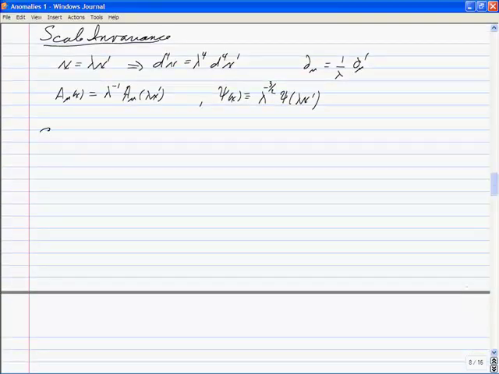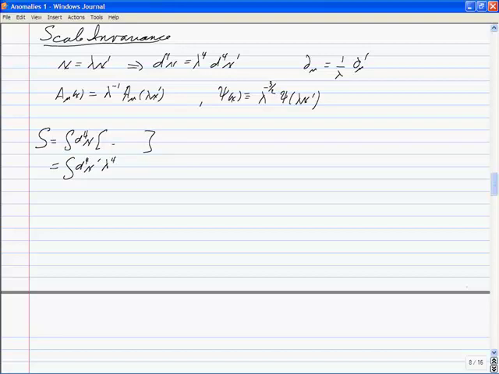Then the action, which is the integral d4x of minus a quarter F squared, well, actually let me write out the terms individually. We know what that one is. So it's the integral d4x prime lambda to the fourth.